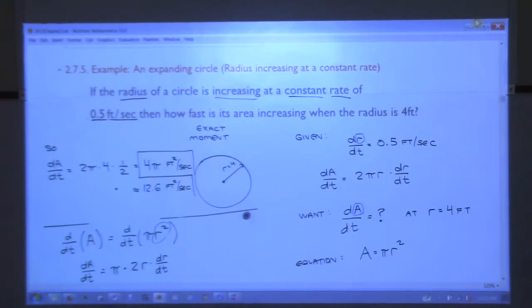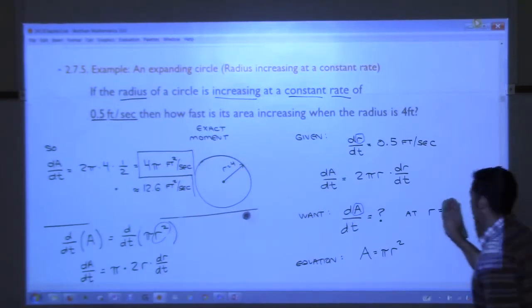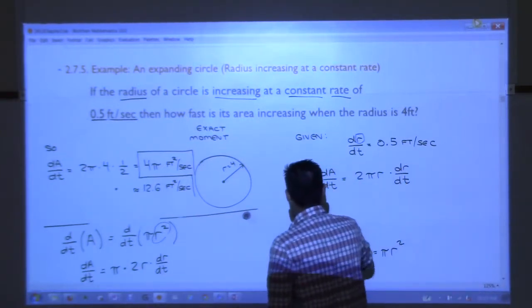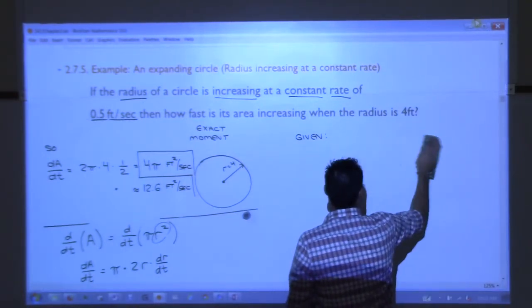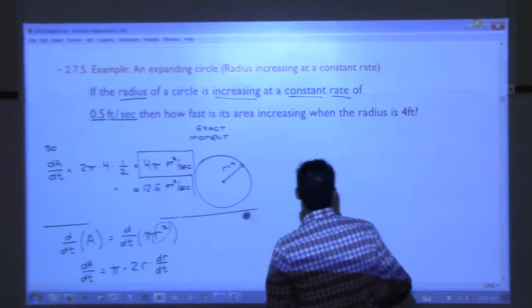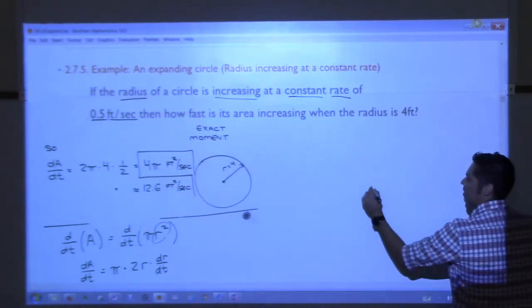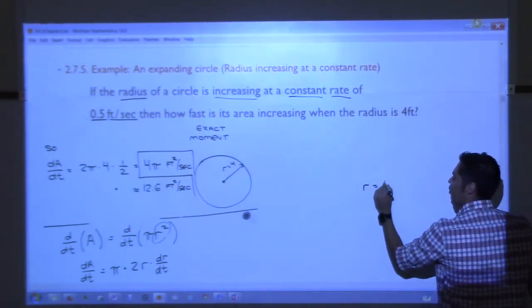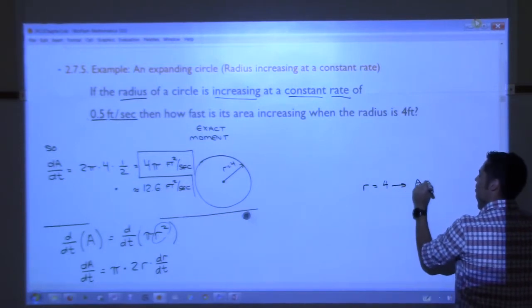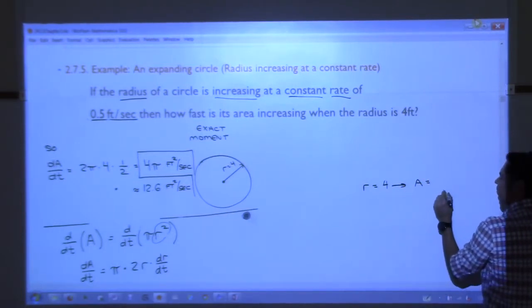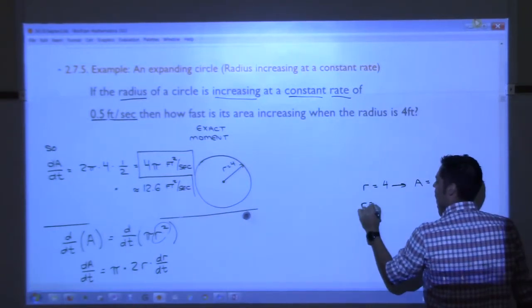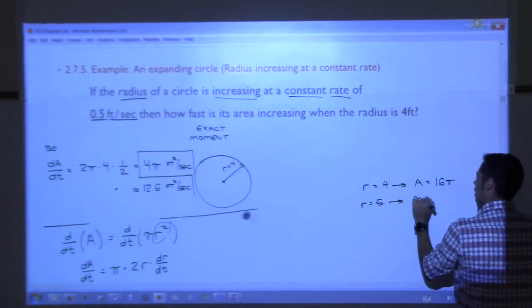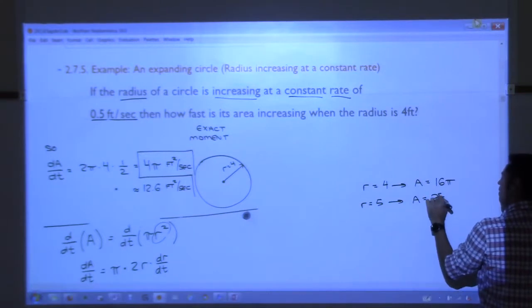Y'all good? All right, I want to go back to what I put on the board when we first started this problem. We made a little table, and we had R was 4, and the area was 16 pi. And then if R was 5, it was 25 pi.